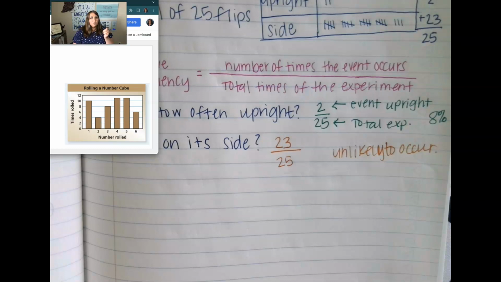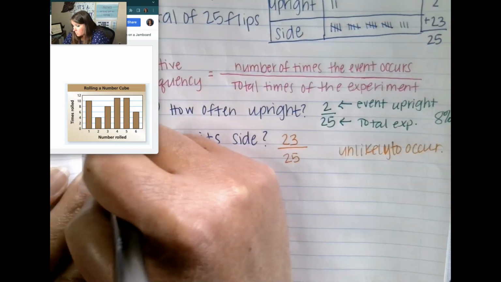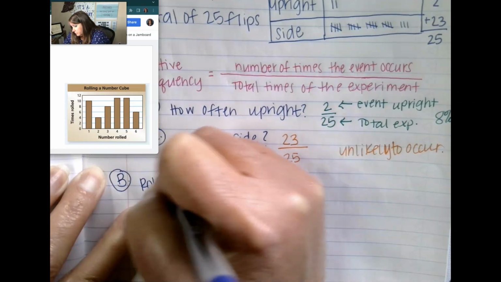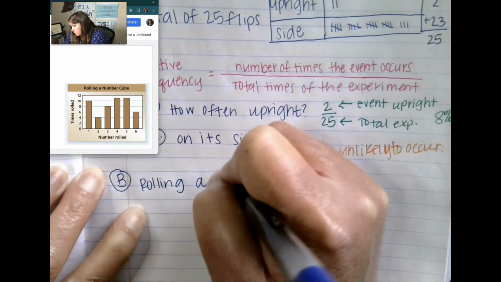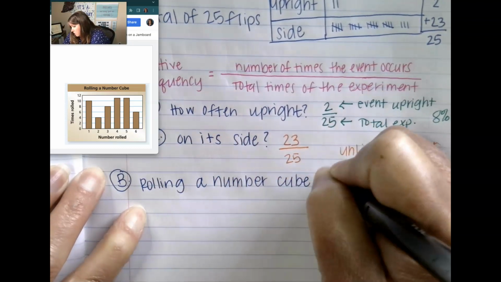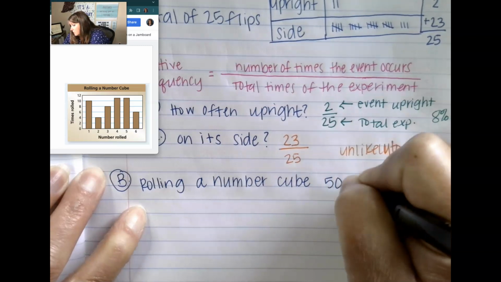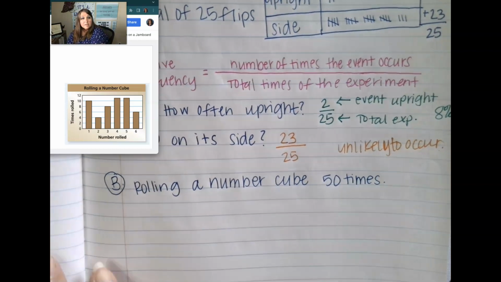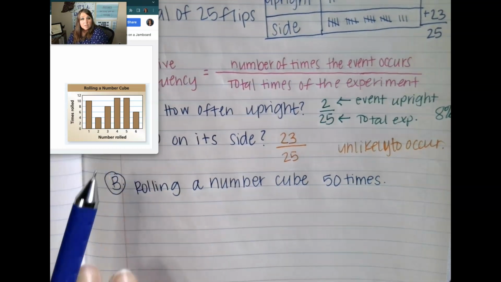Okay, so you have 2 parts to this question. So our experiment is rolling a number cube 50 times. We rolled it 50 times. These are the results right here that you can see.